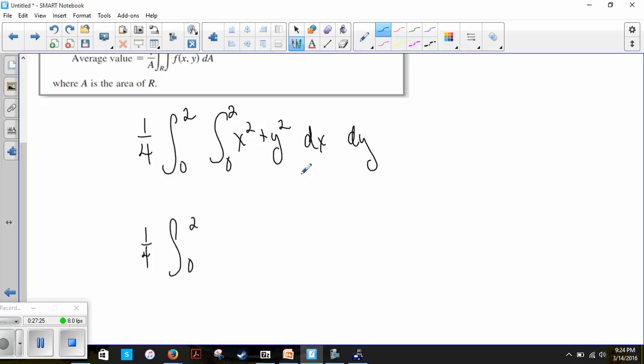This is dx, so I need to integrate with respect to x. X cubed over 3 plus y squared x from 0 to 2.